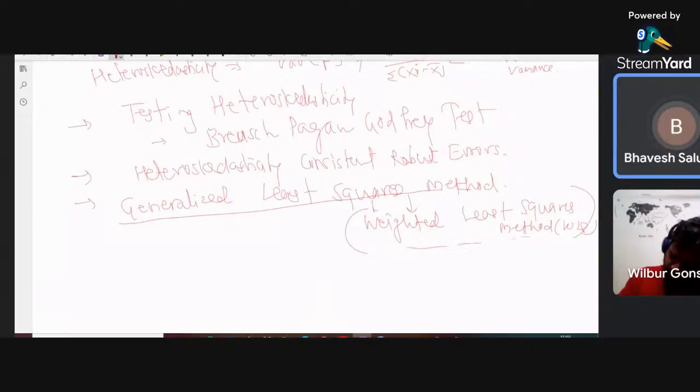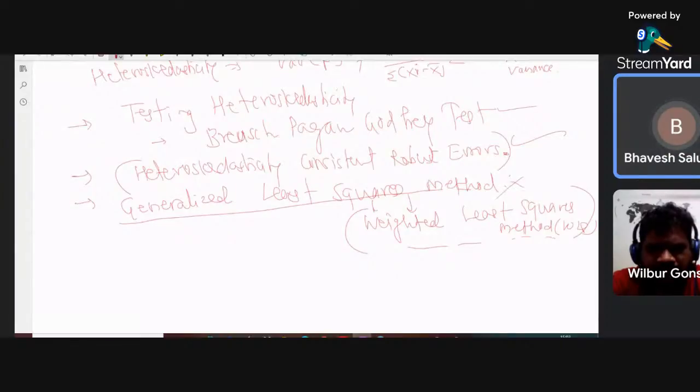I won't go into detail on this, because that will take lots of time, and I will keep it as simple as possible. Here, you just correct the standard errors for the coefficients. We will have a look at this method and at these tests also.